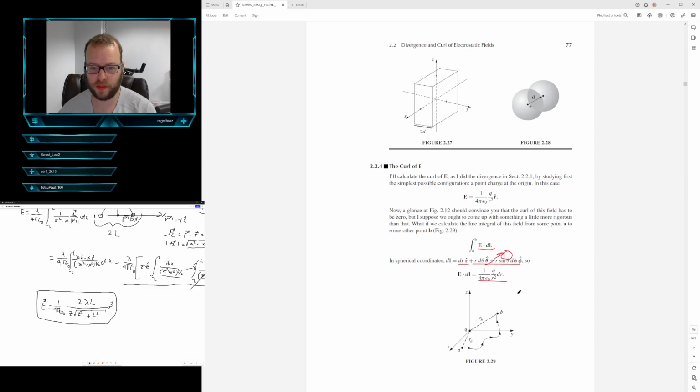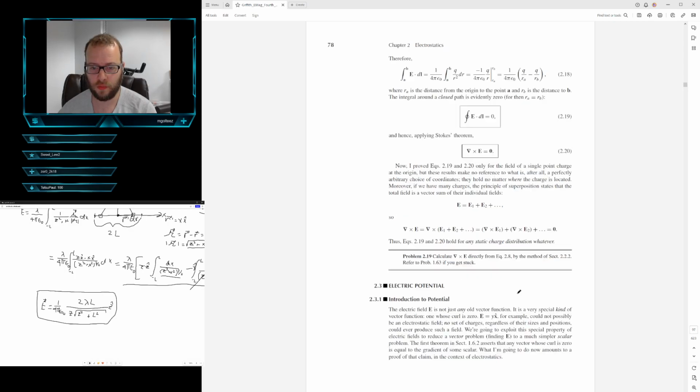E dot dl is equal to q over 4 pi epsilon naught r squared dr. So we see that it is only dependent on the radius away from the point. Easy enough.